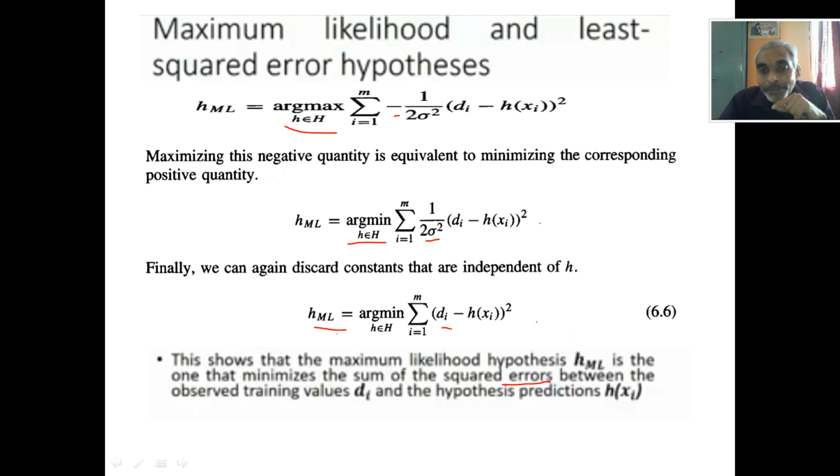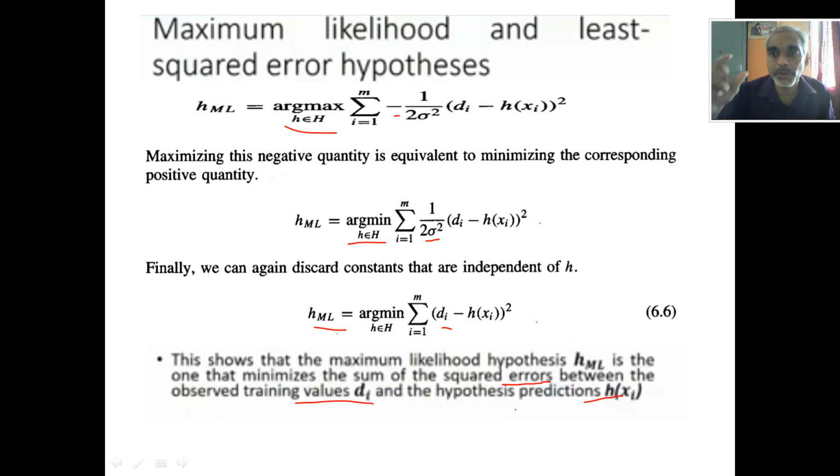Now what is this d_i? This is the output target value, and this is the observed value for all the hypotheses with your given data set, and square of that. So we can see that the maximum likelihood hypothesis h_ML is the one that minimizes the sum of squared errors between the observed training values d_i and the hypothesis predictions. So d_i is the observed training value minus your hypothesis prediction.